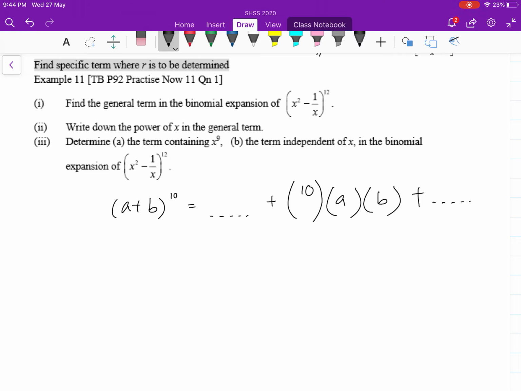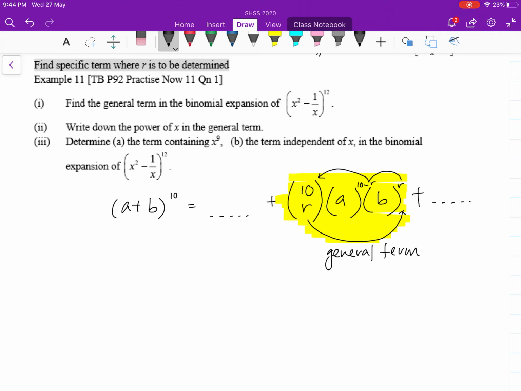For example, if you want the r-th position, this will be r, and r plus what gives you 10? 10 minus r. So this is essentially what we call the general term.